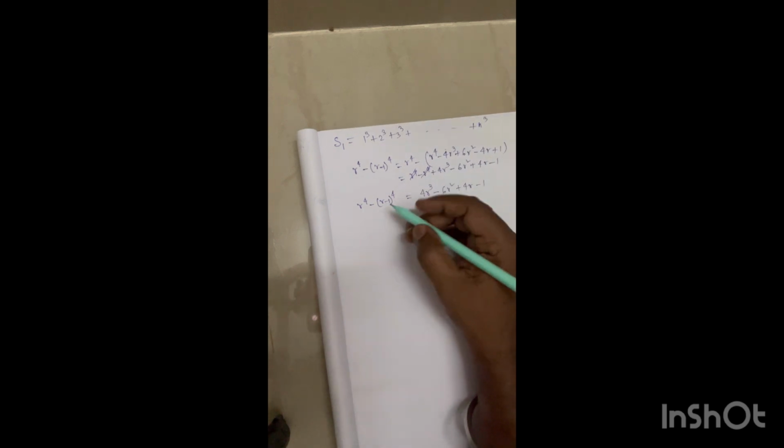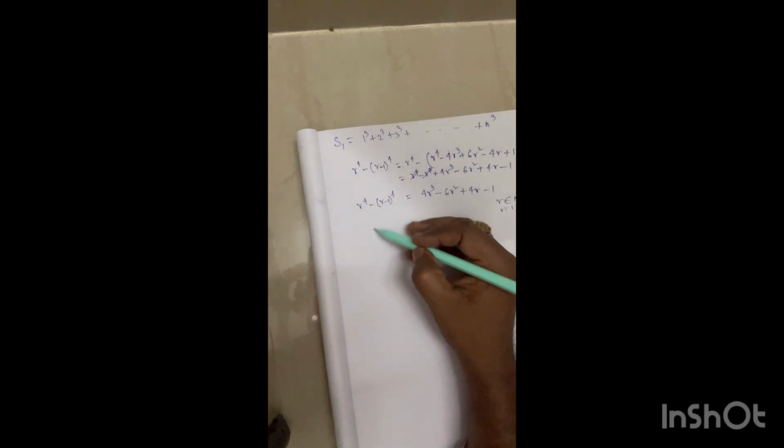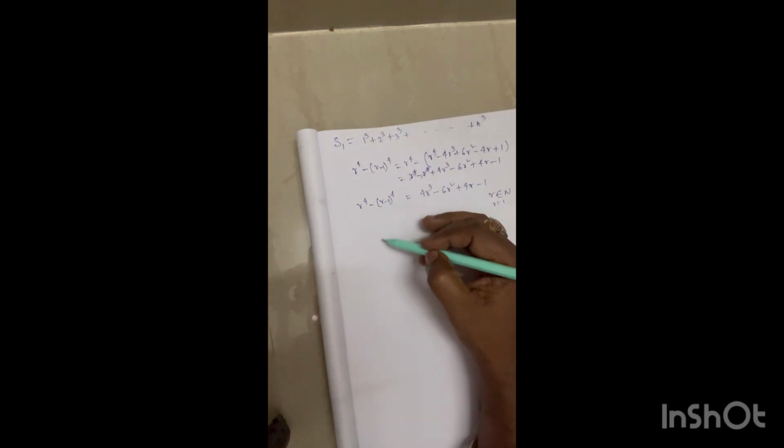Now without putting r is equal to 1, as you know, r belongs to integer and r could be 1 to n. So if I want to put r value consecutively, I will get the same series.